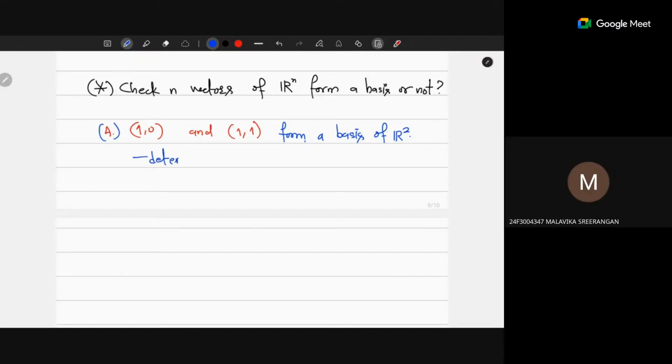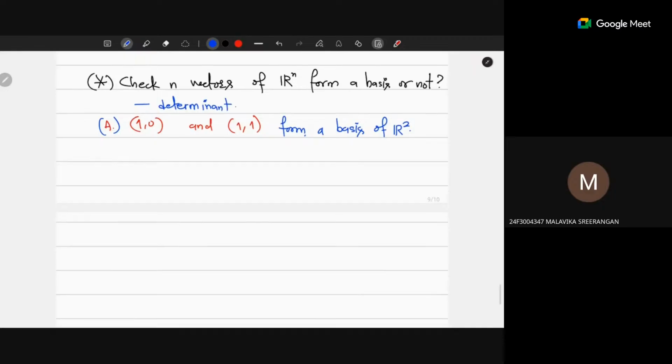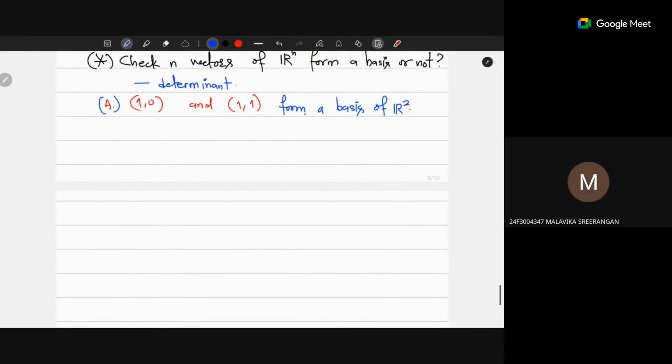So determinant is the answer. In this case, write it row wise. You look at the determinant of this, you will get 1 minus 0, which is 1, not equal to 0. So they form a basis.